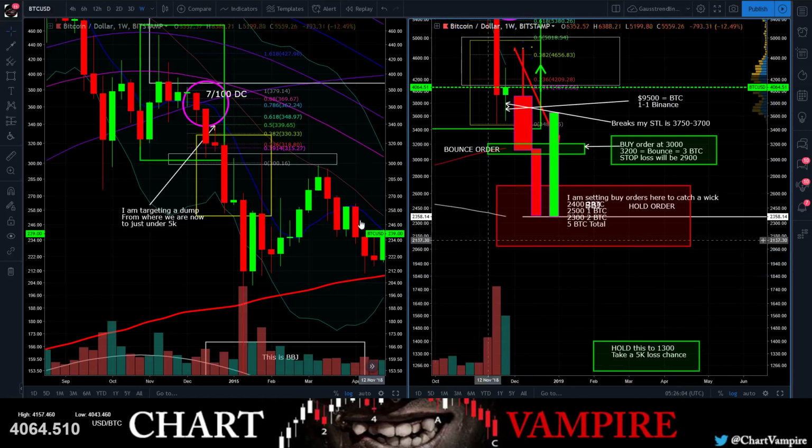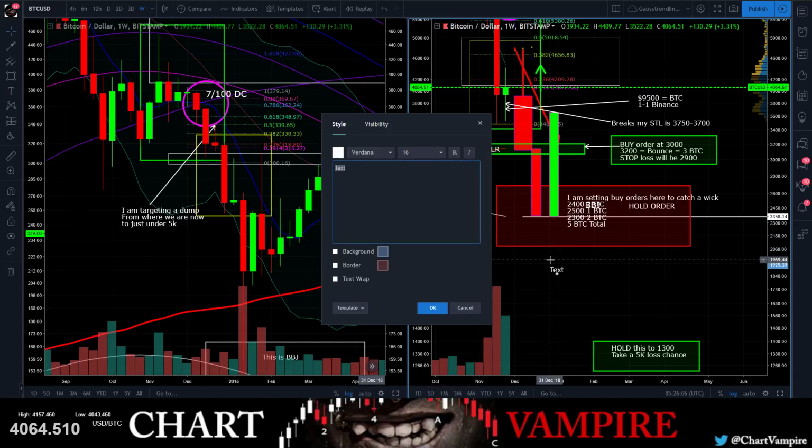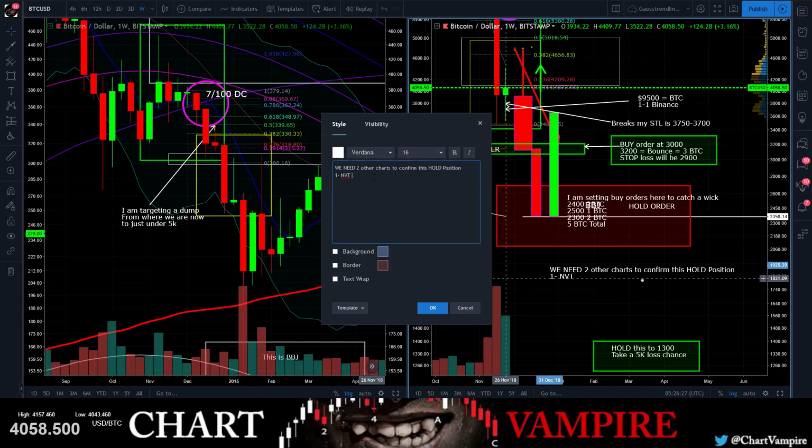Now the other thing is we're going to be watching 2 separate charts. We need 2 other charts to confirm this hold position. The first chart is going to be the NVT chart. The NVT chart is super, super important.